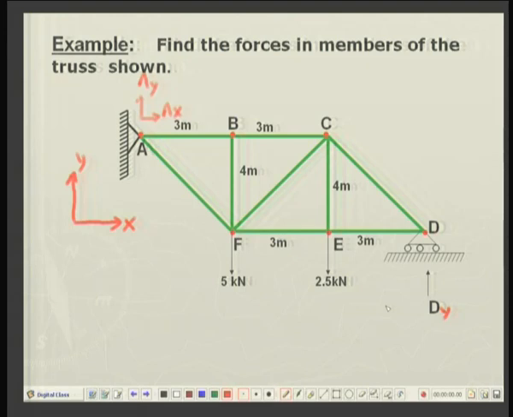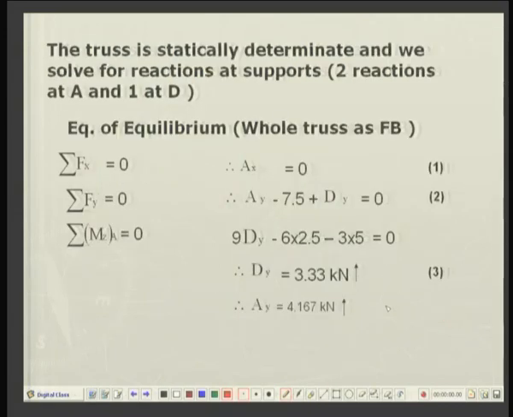In the vertical direction, what are the forces? There is a 5 kilonewton and a 2.5 kilonewton force, both downward, and there are two vertically upward forces Ay and Dy. So, you can easily see that Ay plus Dy minus 7.5, the two downward forces, equals 0.